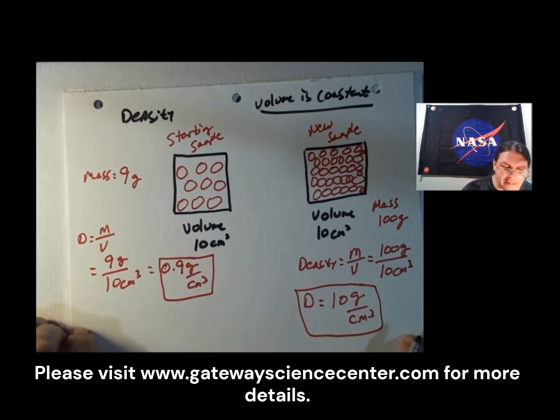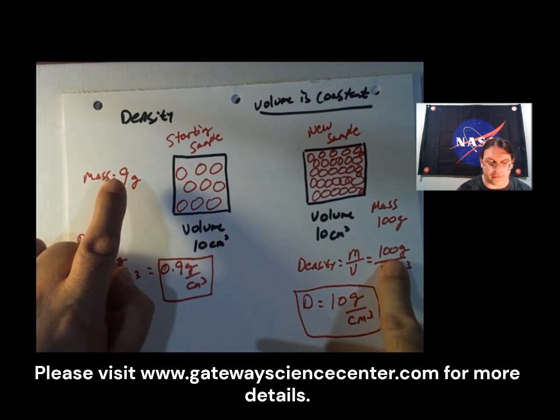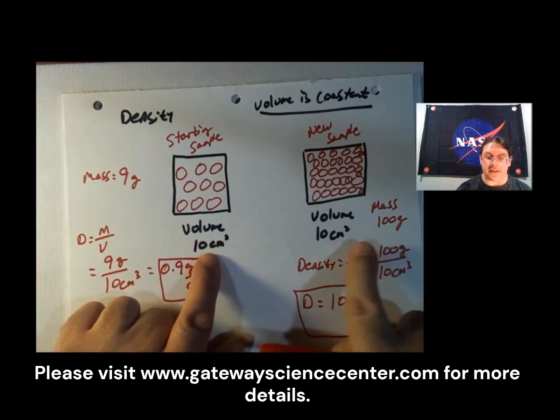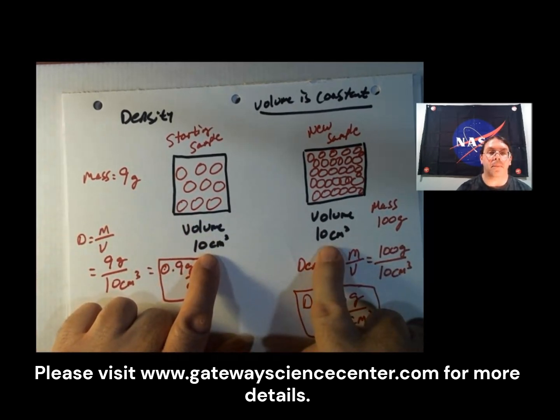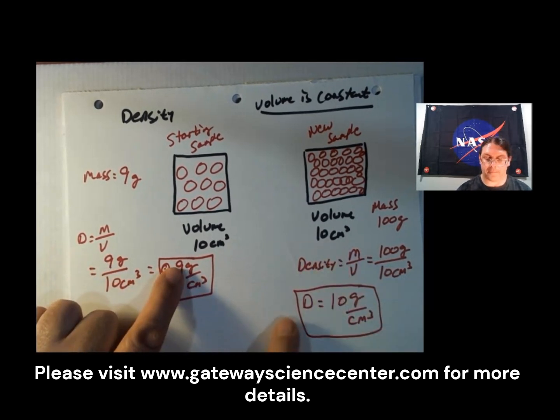What happened to density? When I increased my mass from 9 to 100, the volume stayed the same. What happened to my density?